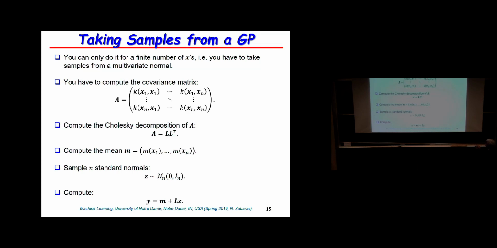If you have the points x1 to xn and this is your covariance matrix, what you need to do is a Cholesky decomposition, compute the mean, and then take n samples from the standard normal, and with this little transformation, you can get samples from the Gaussian process. Nothing sophisticated. You do a Cholesky decomposition of the Gramian matrix, sample from a standard normal, and use this transformation to get samples from the GP.